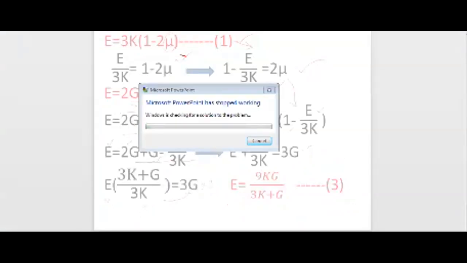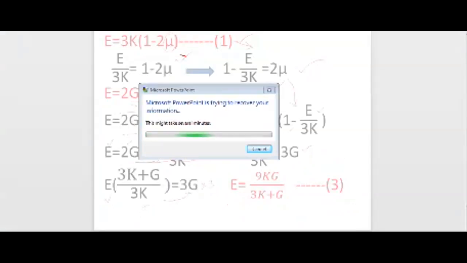Next, the first equation has the bulk modulus. So we have 3, that is 3-dimensional.